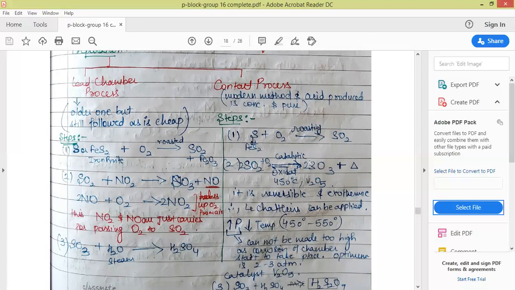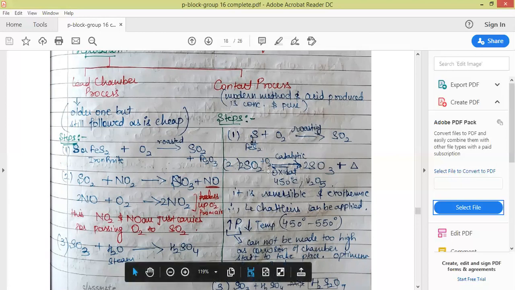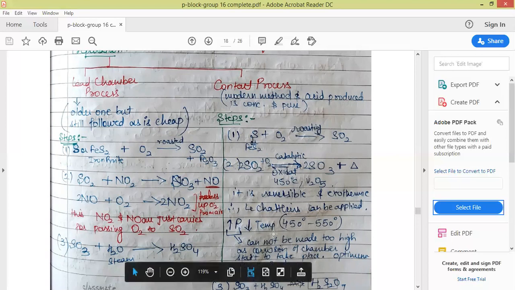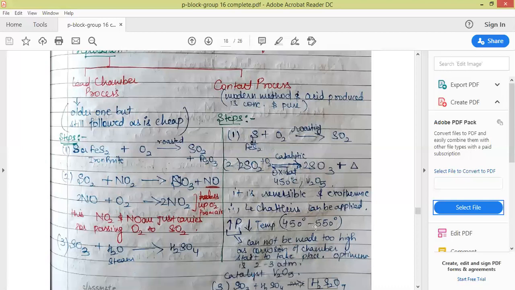As this is a reversible process, we can apply Le Chatelier's principle. As the number of moles is decreasing, increasing the pressure will further favor the forward reaction, and so will decreasing the temperature, but not below the optimum temperature of 450 to 500 degrees Celsius for this reaction. So we cannot decrease the temperature below this range, though low temperature will favor this reaction.